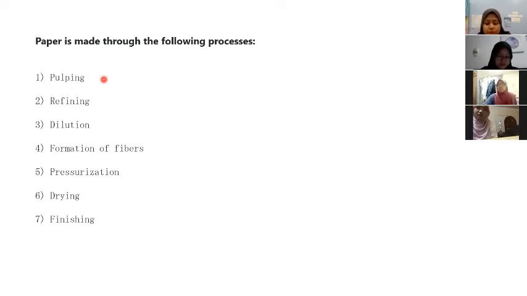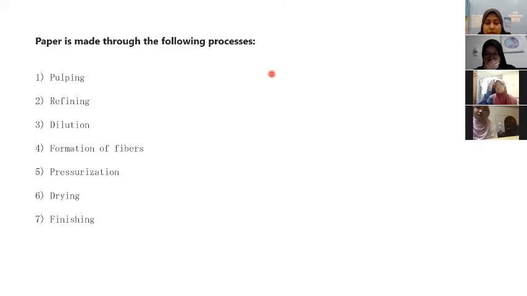Hardwoods produce a weaker paper as they contain shorter fibers. Hardwoods are smoother, transparent, and better suited for printing. Softwood and hardwood are used for paper making and are sometimes mixed to provide both strength and printability to the finished product.